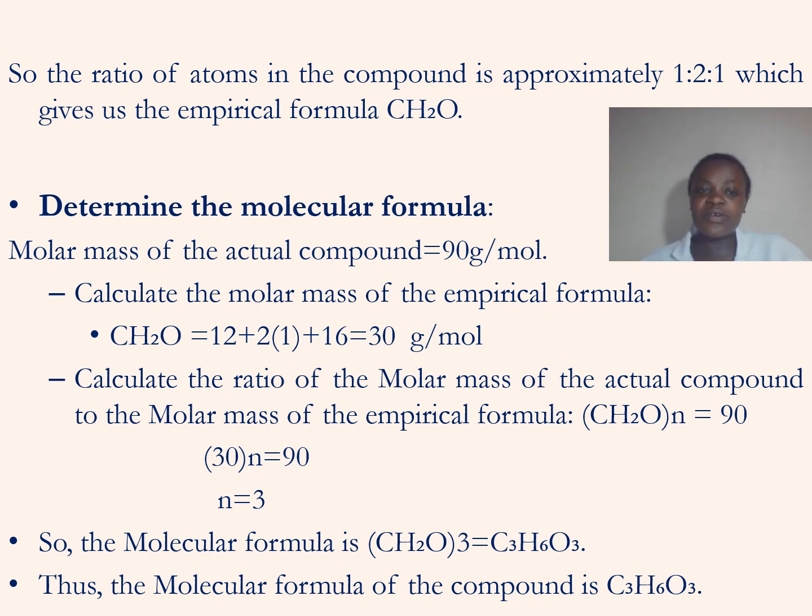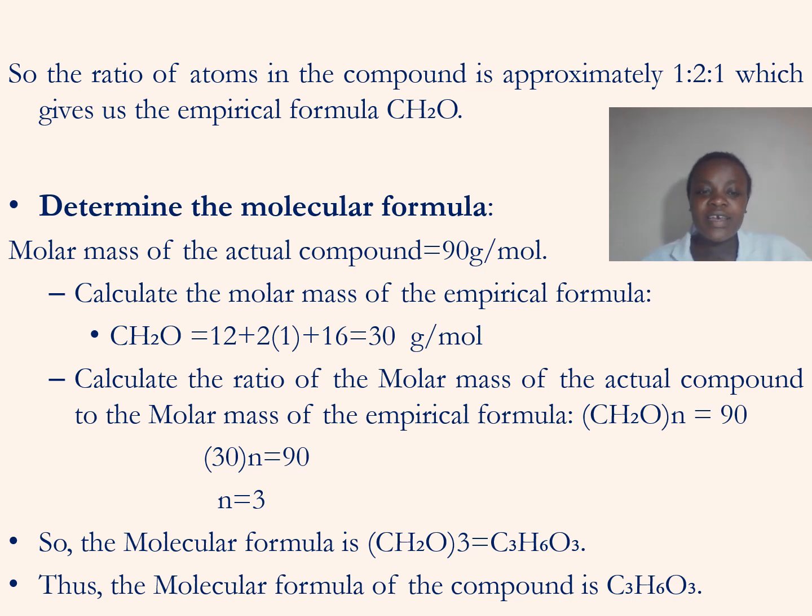From the question, we have been given the molar mass of the actual compound to be 90 grams per mole. To get the molar mass of the empirical formula, we take the constituent elements, that is carbon, 2 hydrogens and 1 oxygen, then get the total mass of the three.